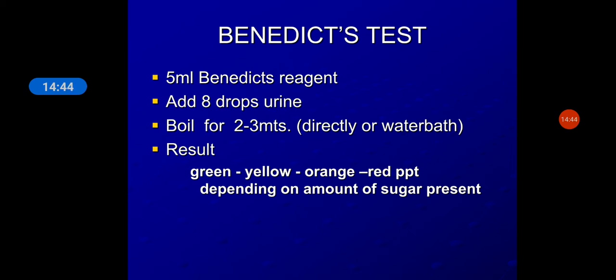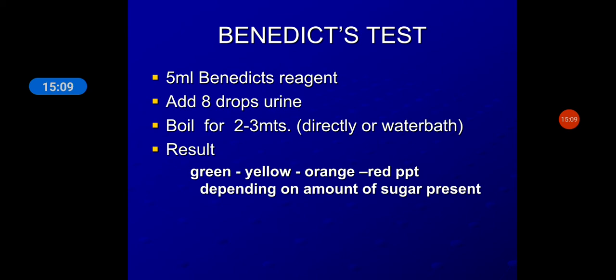Benedict's test is basically done for sugars in urine, or glucose in urine. So what do you do? First you add 5 ml of Benedict's reagent, and to that you add 8 drops of urine, and then you boil it. When you boil, there is a reaction with the Benedict's reagent, and the cupric form gets converted into cuprous form.